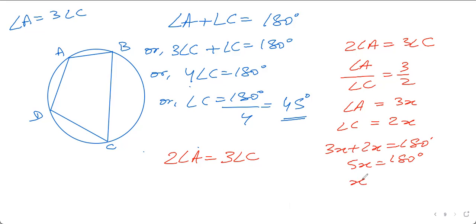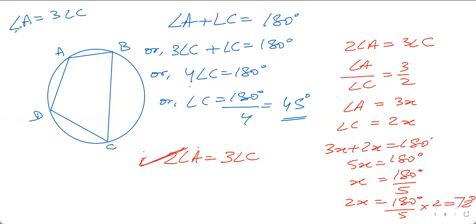So x is 180 degrees by 5. We need angle C. Angle C is 2x. So 2x equals 180 divided by 5 into 2. Now calculate and see. कितना आता है? So when you do this calculation, you will get 72 degrees, right? So this is what is there in the question, but the question can also be like this. The correct question, the correct solution is written in red.